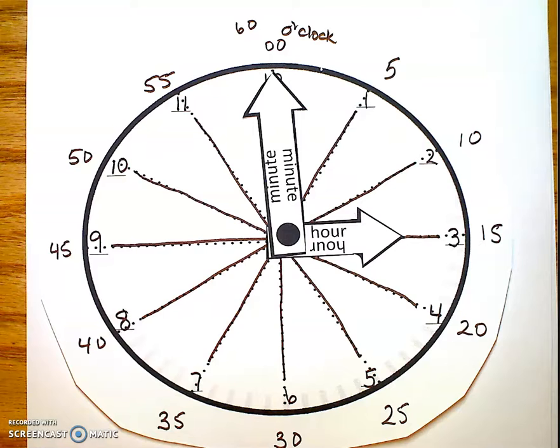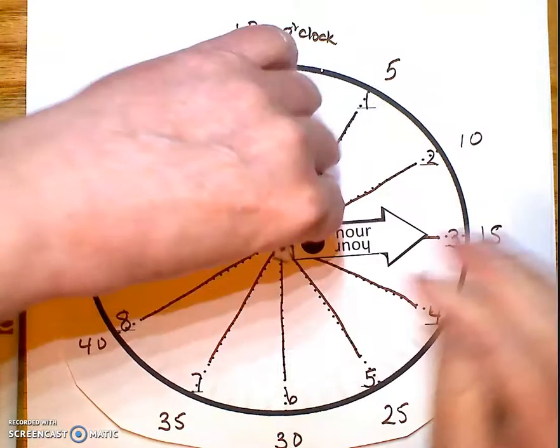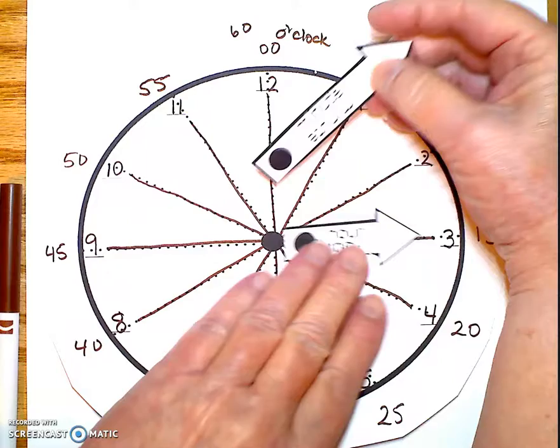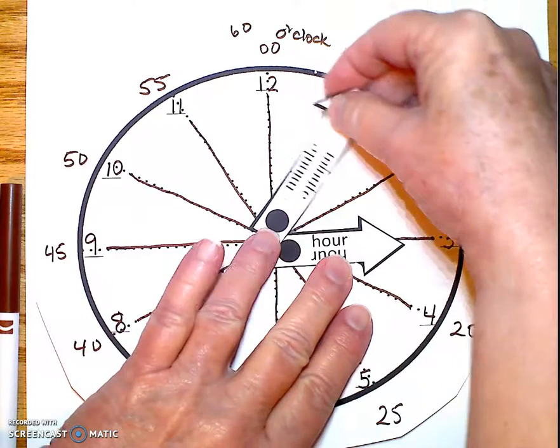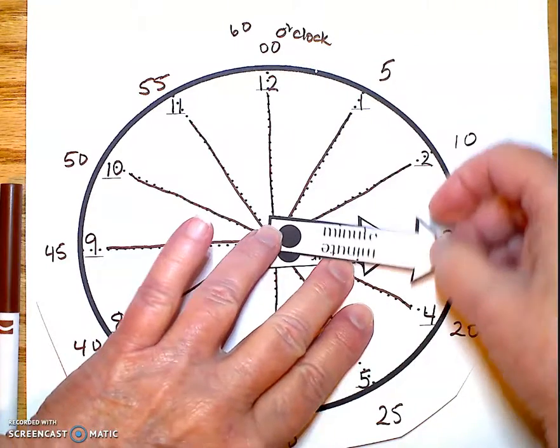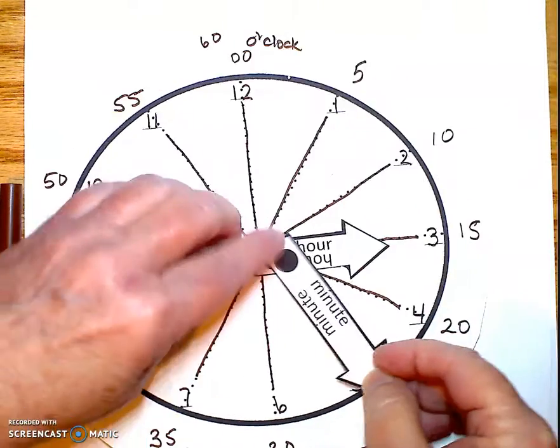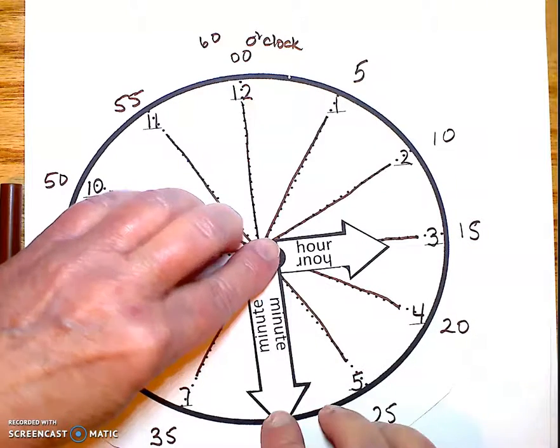Let's do some different times. We can use what we know about fractions to help us tell time on the analog clock. If we move this hand, abracadabra, here it goes. It's going halfway around the clock.